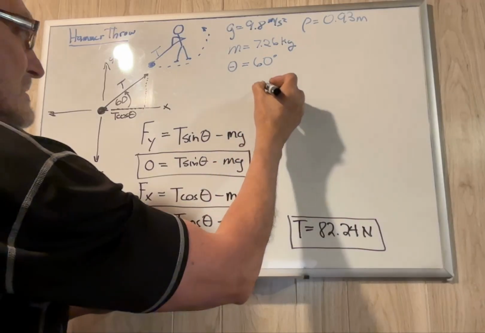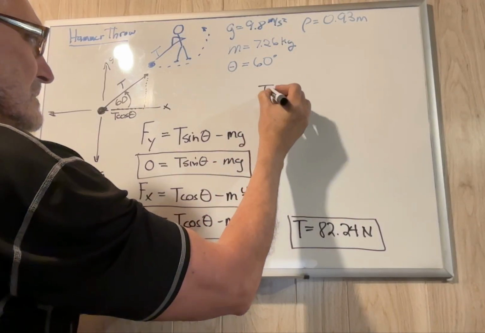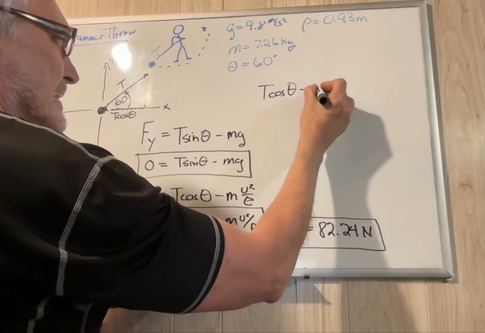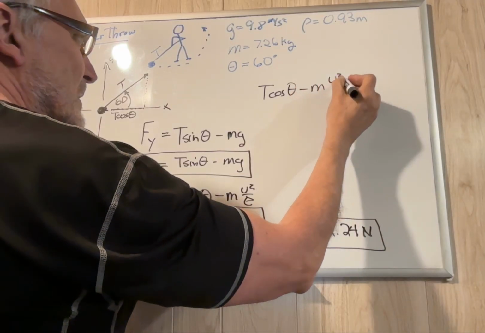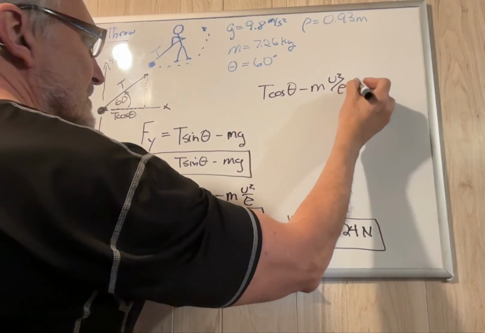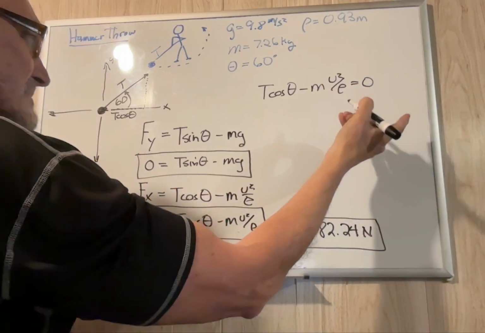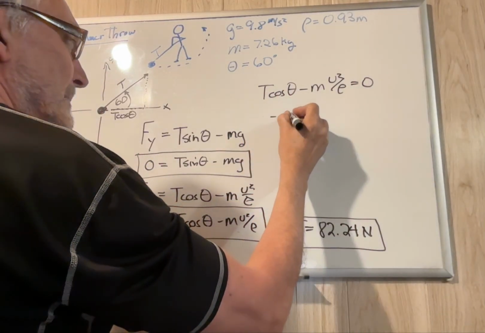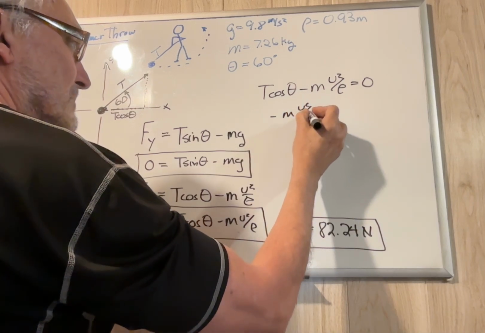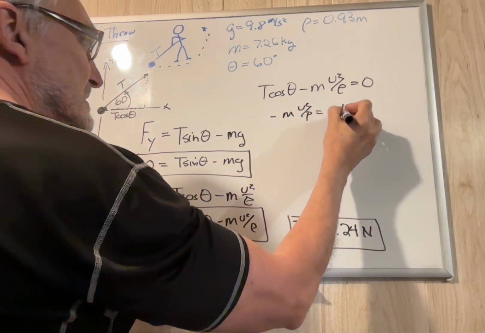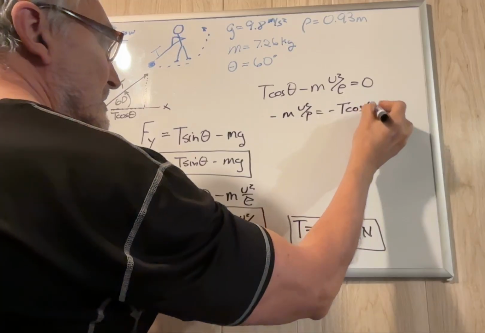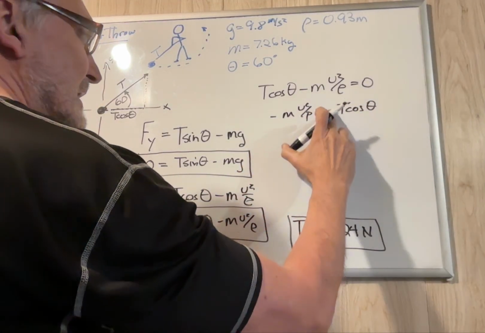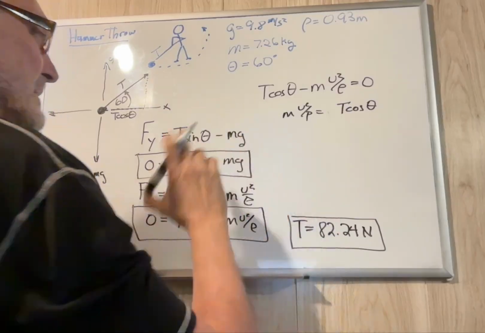All right, so tension cosine theta minus m velocity squared over rho is going to be equal to 0. Probably the easiest thing we do is to subtract T cosine theta from both sides. We have negative m velocity squared divided by rho equal to negative T cosine theta. Well, we have two negatives, so we can just get rid of them.